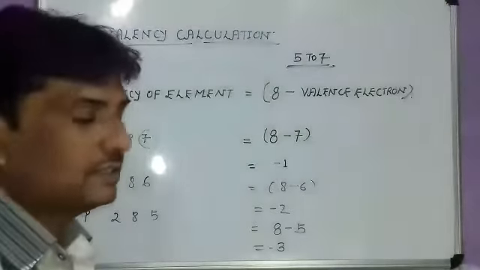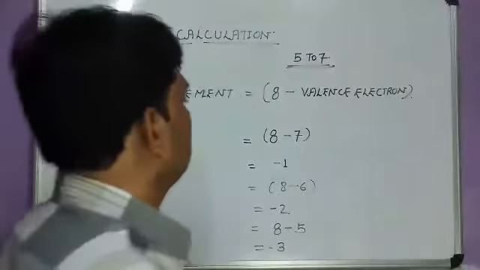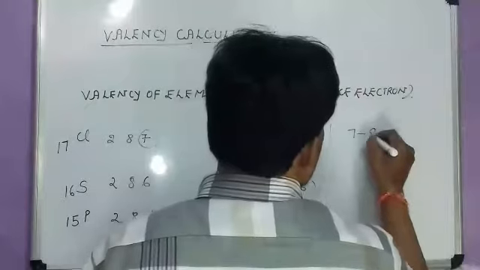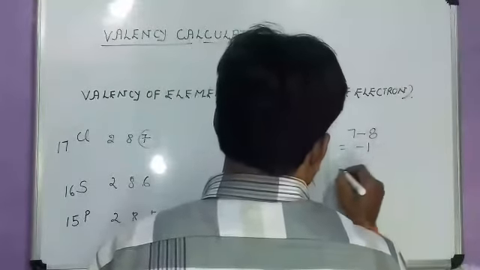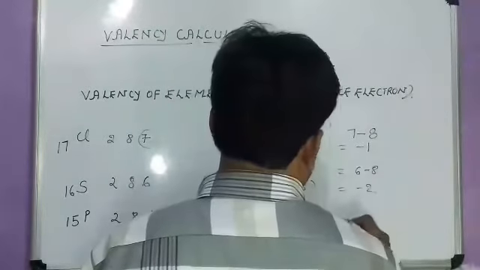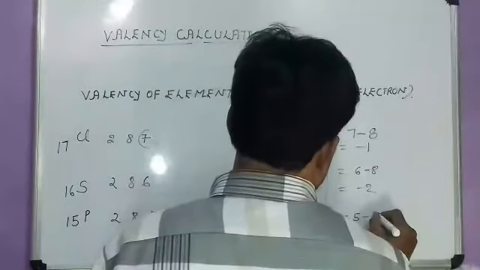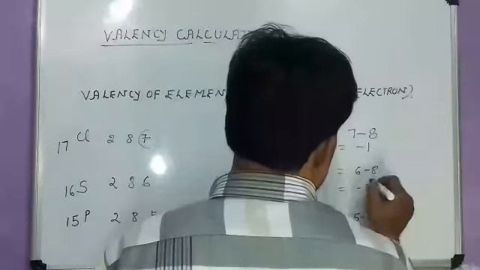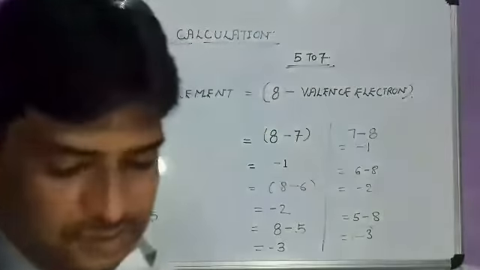Is it clear? So this method is also the reciprocal of this method: 7 minus 8 equals minus 1, 6 minus 8 equals minus 2, and 5 minus 8 equals minus 3. Okay, is it clear, student?